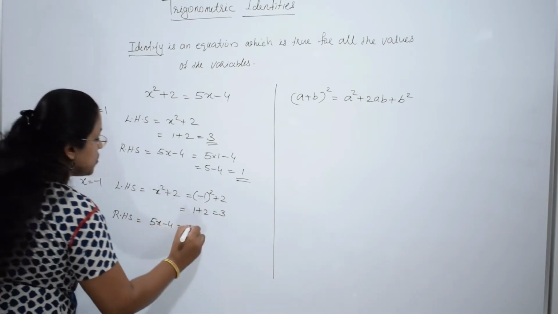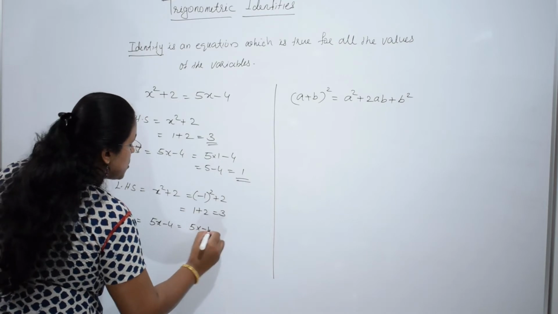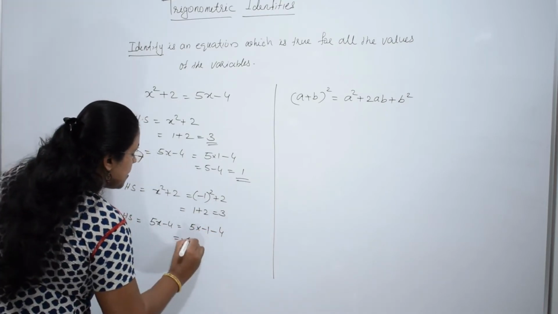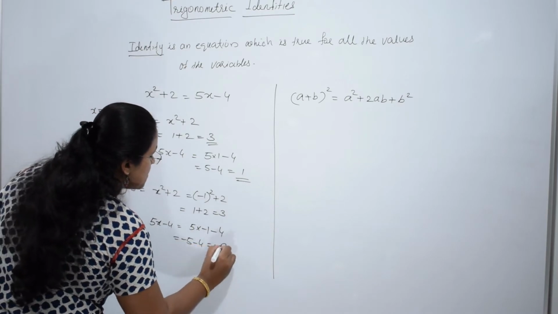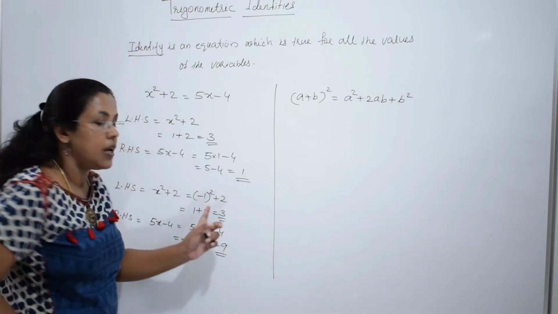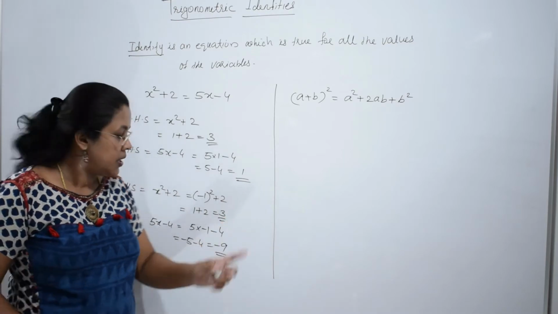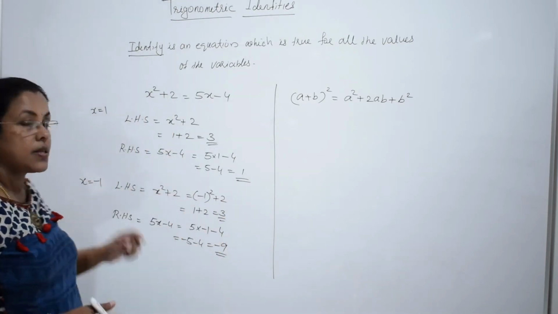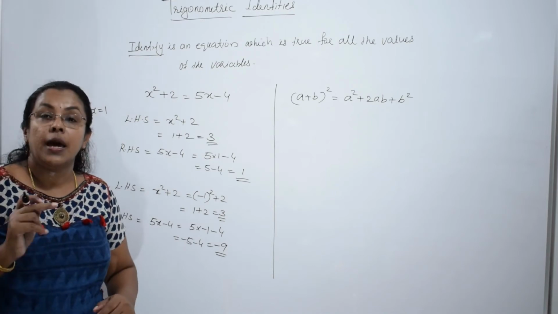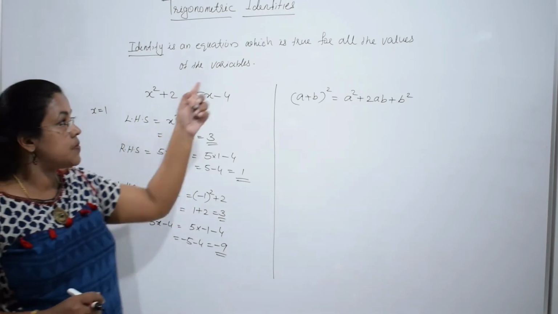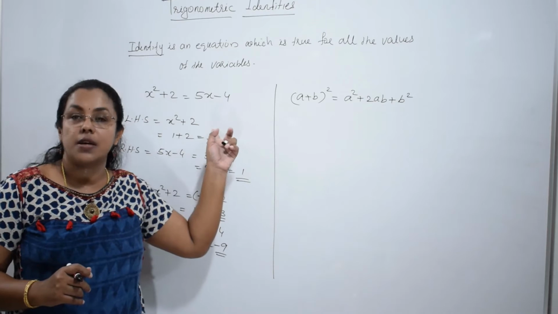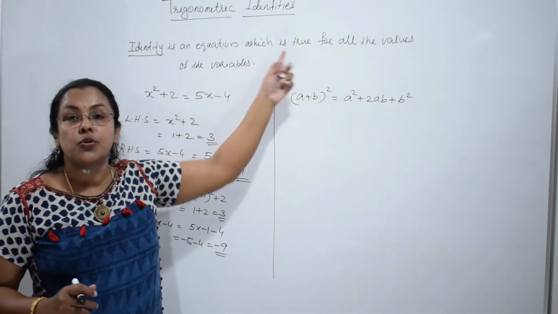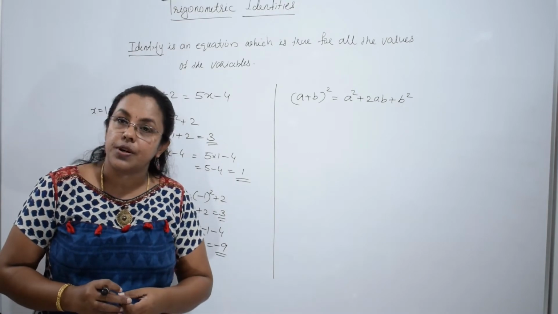That is 5 into, in place of x, put minus 1, minus 4. Minus 5 minus 4 is minus 9. Means left hand side is equal to 3, right hand side is equal to minus 9 when x is equal to minus 1. Again, x equal to minus 1 does not satisfy this equation, or the equation is not true for x equal to minus 1.